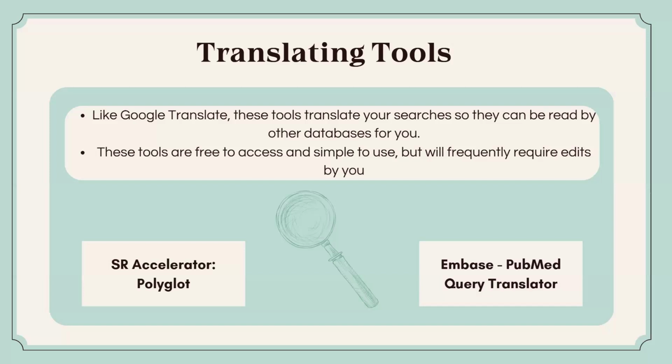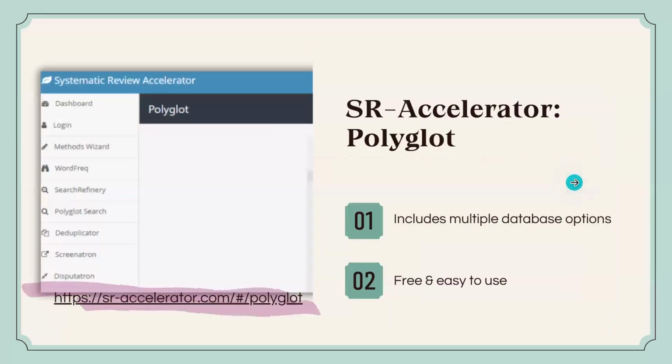But you can't just Google it. SR Accelerator's Polyglot is freely available to anyone, anywhere. So even if you end up not affiliated with an academic institution in the future, SR Accelerator Polyglot will be available to you. It includes multiple database options and it's free and easy to use.